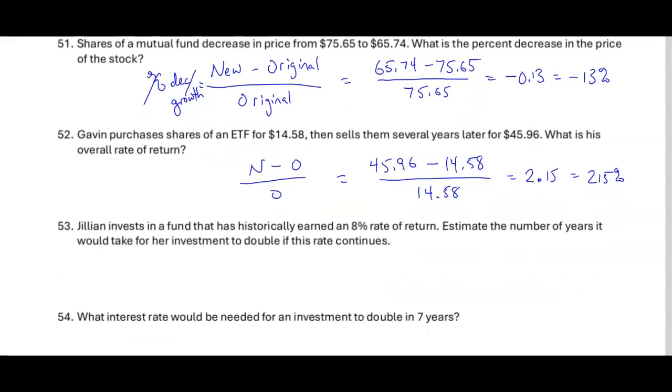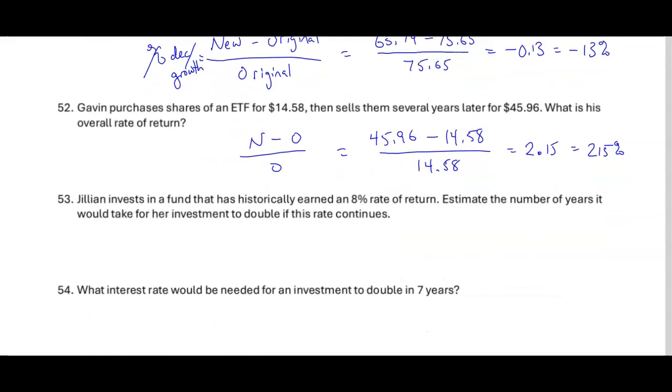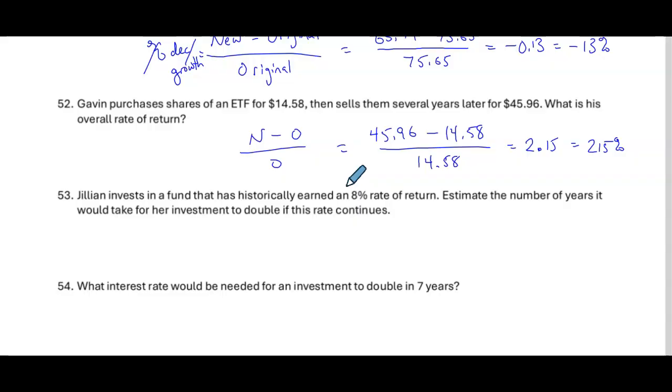All right, 53. Jillian invests in a fund that has historically earned an 8% rate of return. Estimate the number of years it would take for her investment to double. All right, that's the wording right here that's the key. So this is going to be the rule of 72. Anytime we need to know about a doubling, it goes again in number 54.